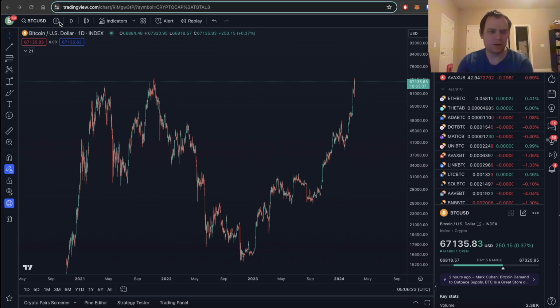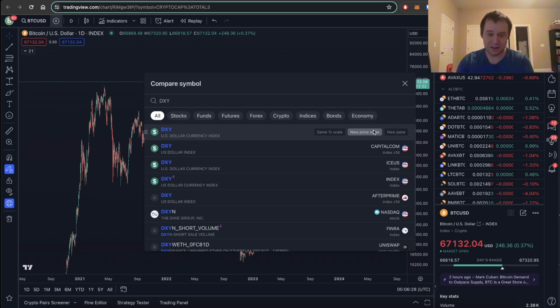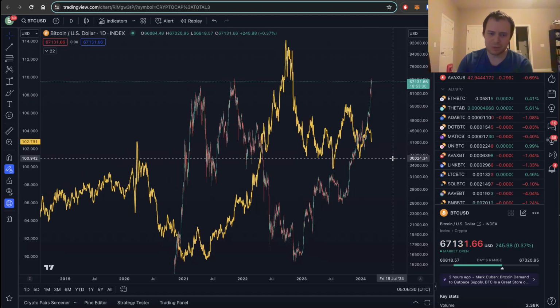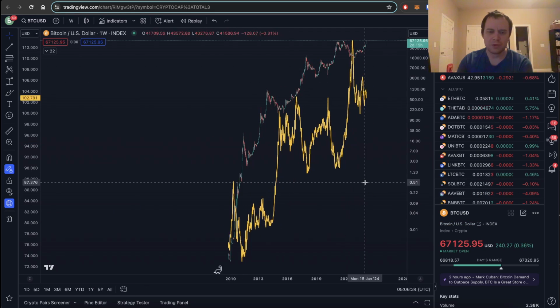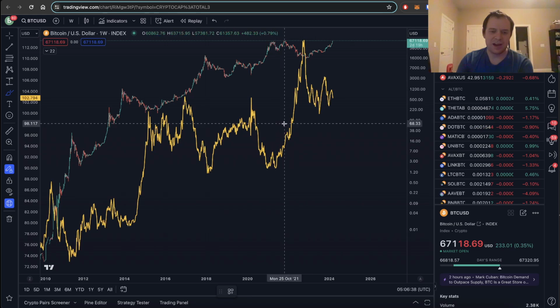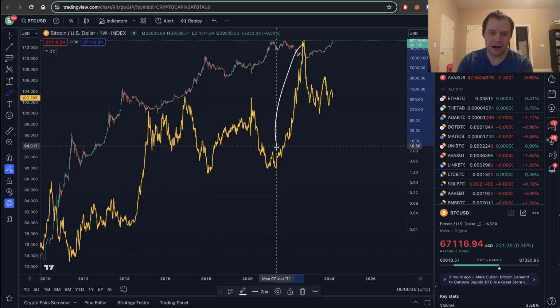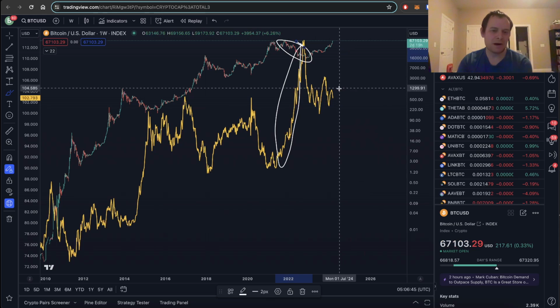If you were to simply take the chart of Bitcoin and overlay the US dollar currency index onto the chart, one of the things you'll note, and let me actually switch this over to a weekly time frame, is that generally speaking, as the dollar goes parabolic, Bitcoin tends to be in a bear market.